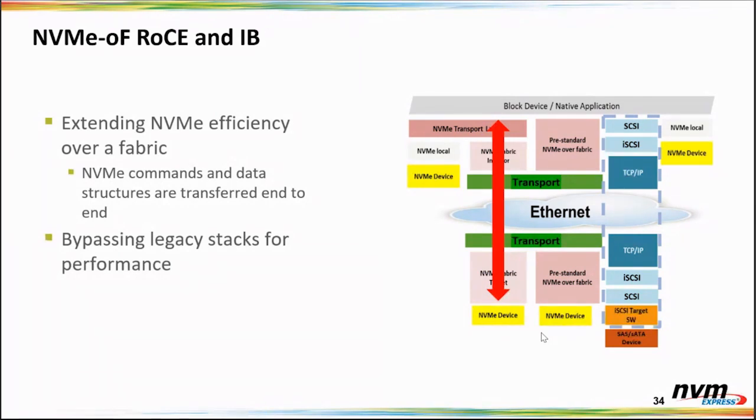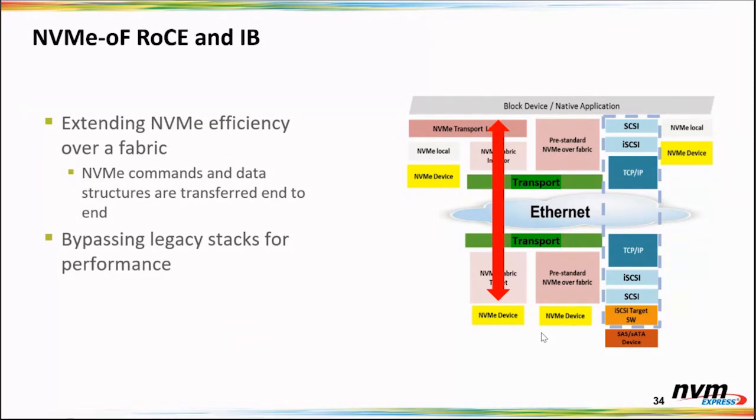So that's why you get the lowest latency, the highest bandwidth, and you lower the CPU utilization because there's no transport stack like TCP being run, which when you get into speeds of 200 and 400 gig can take a lot of CPU cycles.